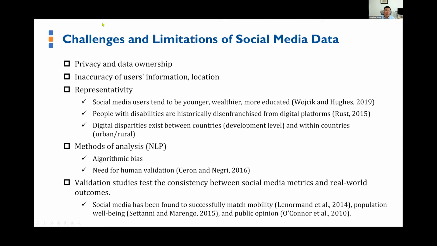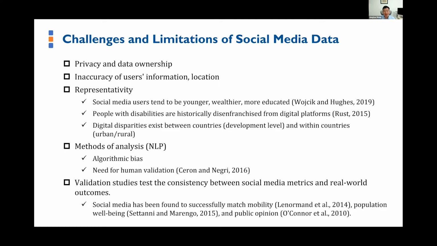There are also challenges when you try to use social media for research. For example, how to use the latest state-of-the-art natural language processing, and the need for human validation is always a challenge when you combine social media data with computer science.